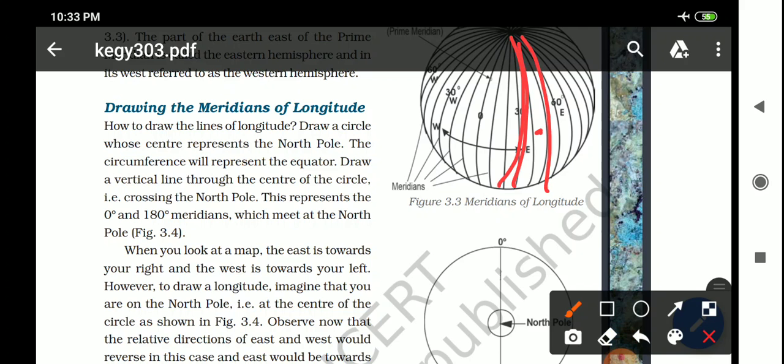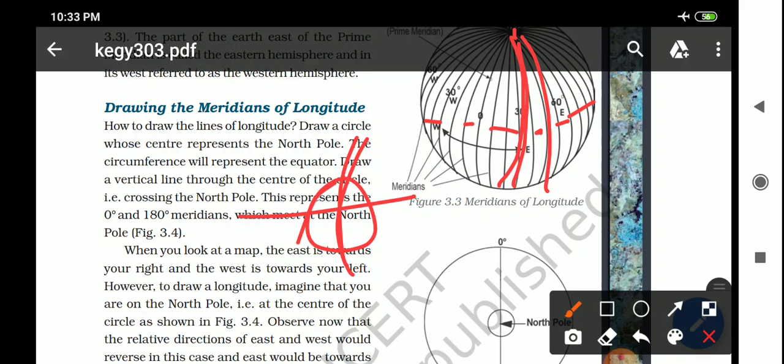In this portion you can see a lot of gap here, but these gaps are in the north direction. Wherever you have the intersection of latitude and longitude, that is the intersection between these two lines.